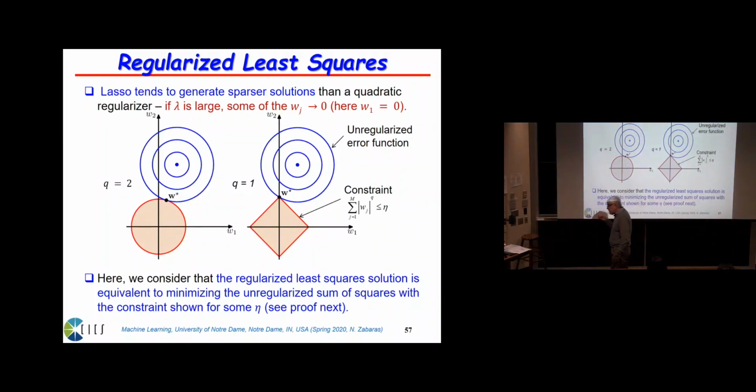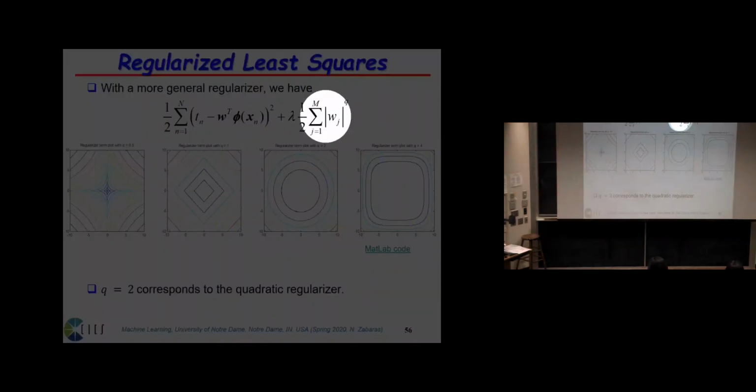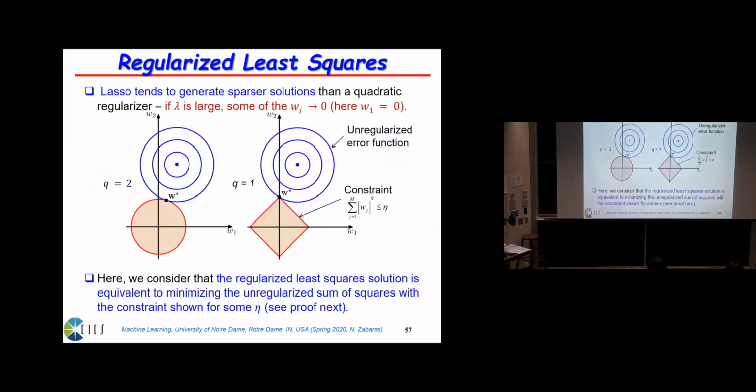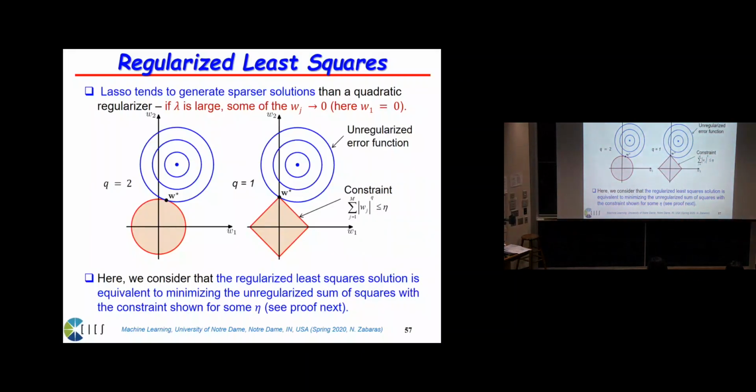Now, where is this idea that this optimization problem is the same as solving a constrained optimization problem? Well, you have to take an optimization course. Okay? And when you take an optimization course, you will most probably, in the first lecture on constrained optimization, learn about this type of analysis. So again, rather than minimizing this, you can minimize the first term with a constraint that says this norm has to be less than some constant to be computed. Okay? So you trust me now that it's fine.